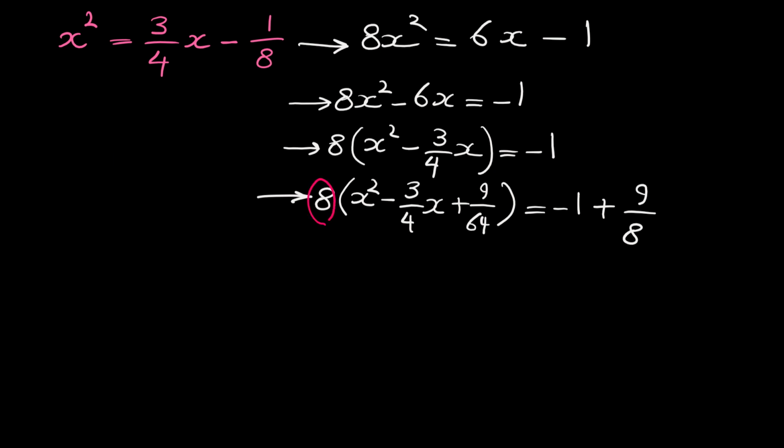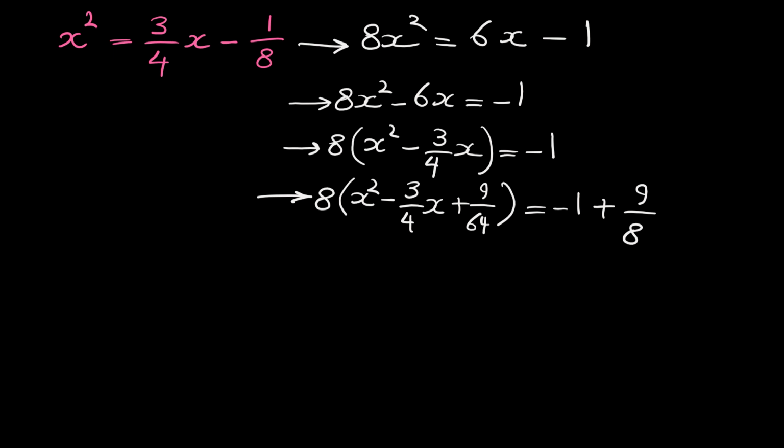So 8 times 9 over 64 is 9 over 8. Negative 1 plus 9 over 8 is 1 over 8. Because this is negative 8 over 8, negative 8 plus 9 is 1.